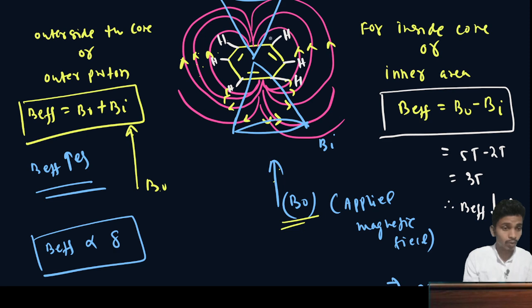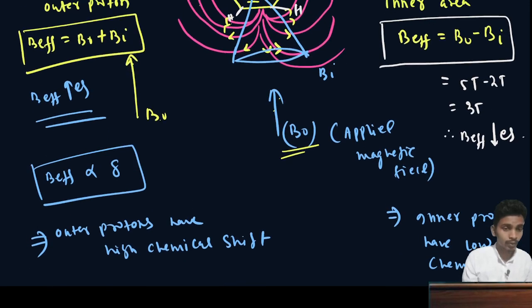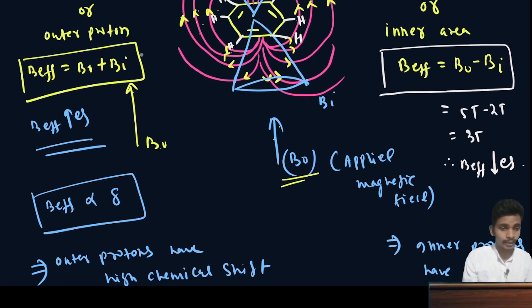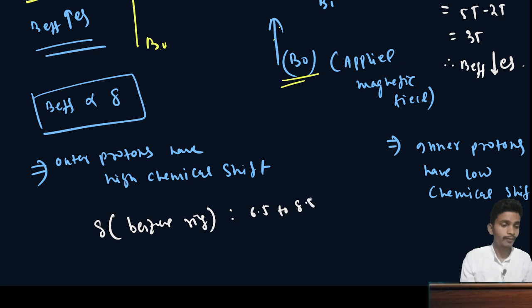Because all the protons of a benzene ring are outside the cones, all have high chemical shift. That's why for aromatic systems or for a benzene ring, we see that the chemical shift is 6.5 to 8.5 ppm.